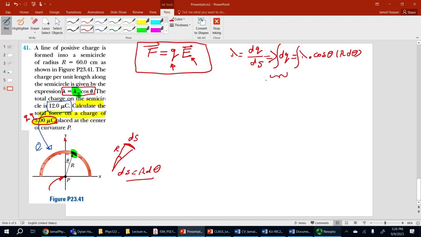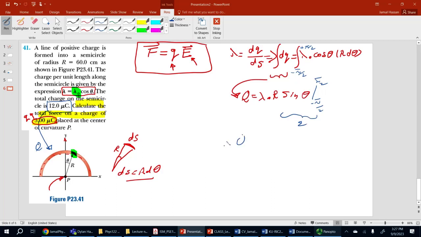Integration of the left hand side simply gives us total Q, the 12 microcoulomb, equal to lambda naught constant, r constant, integration of cosine theta d theta is sine theta. But from the beginning we mentioned that theta changes from minus pi over 2 to plus pi over 2, and this is basically equal to 2.